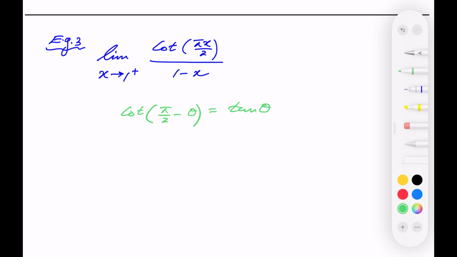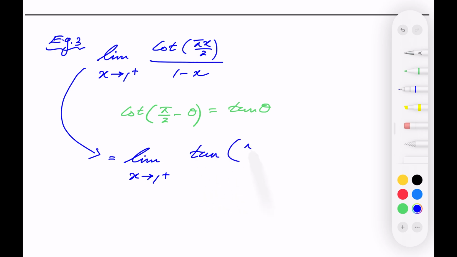This is a relationship from cofunctions. I'm going to use that with theta being equal to pi x over 2 and rewrite the numerator using a tangent first order term. Then this problem reduces to the limit as x approaches 1 from the right hand side. On the numerator I will have a tangent function.